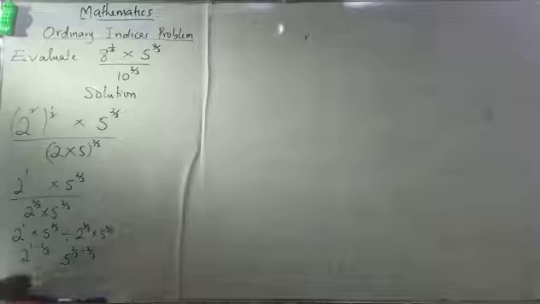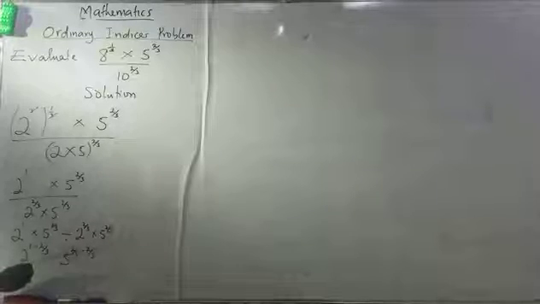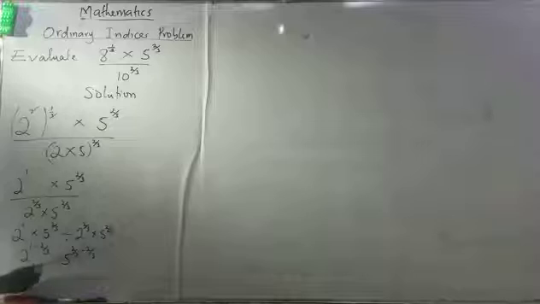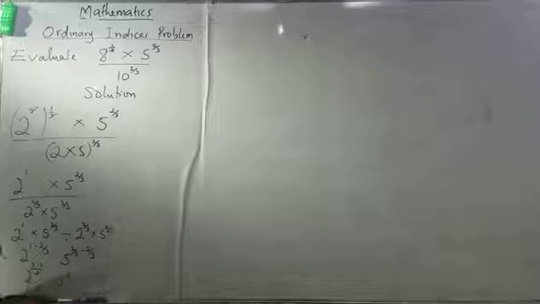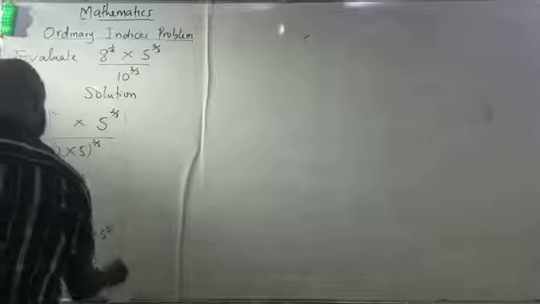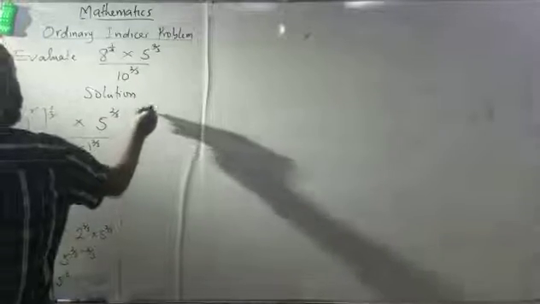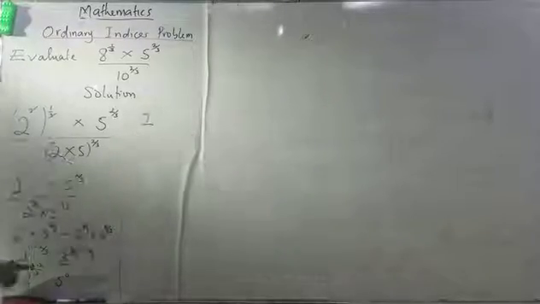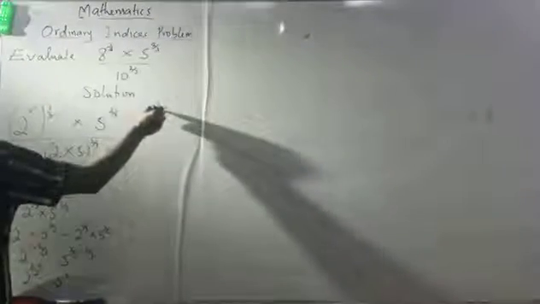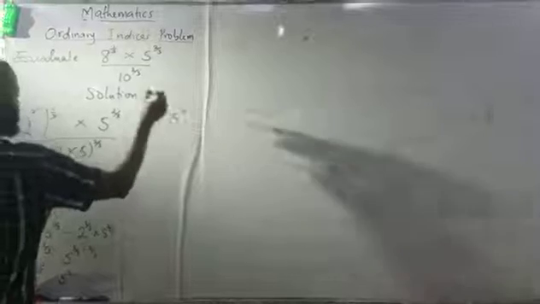Now, here will be what? That will be 2 raised to power 3 minus 2 over 3, and 5 raised to power 0. So by doing this, it will be 2 raised to power 1 over 3 and 5 raised to power 0.